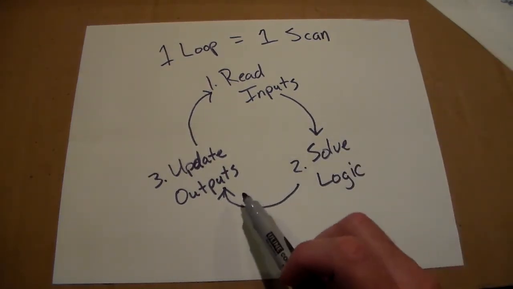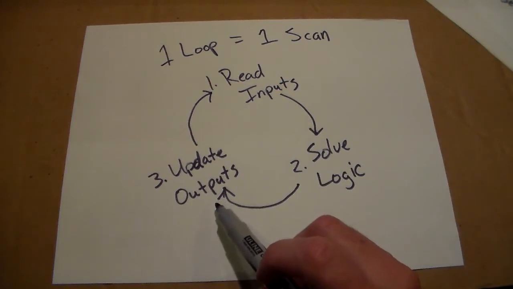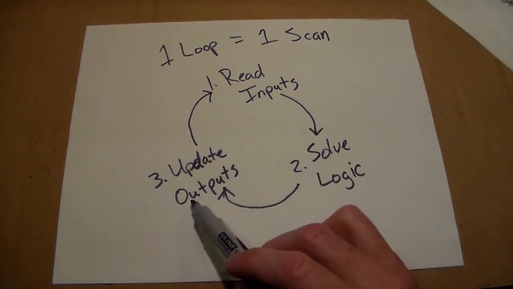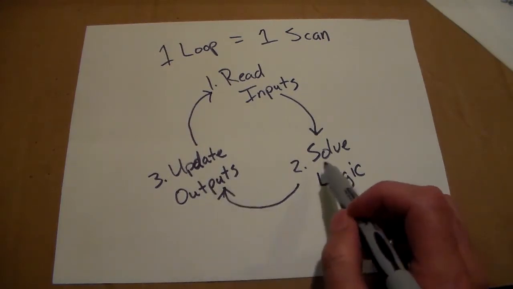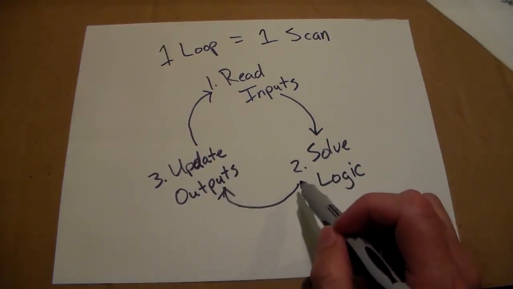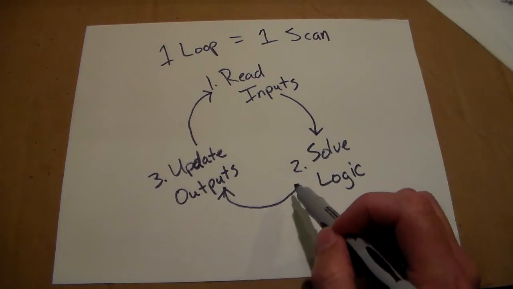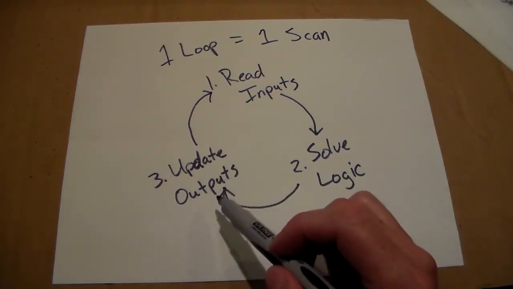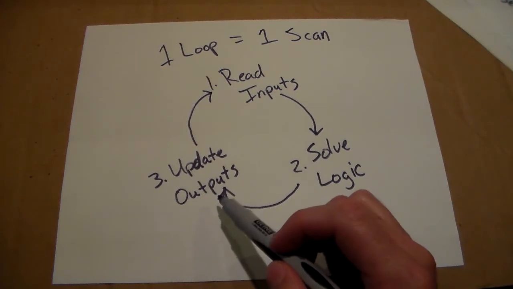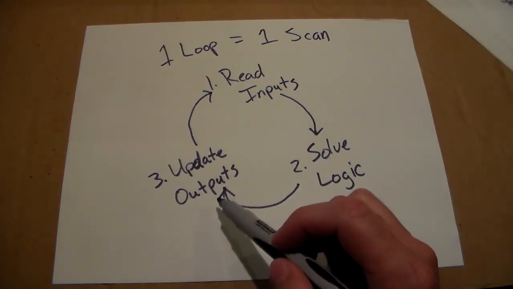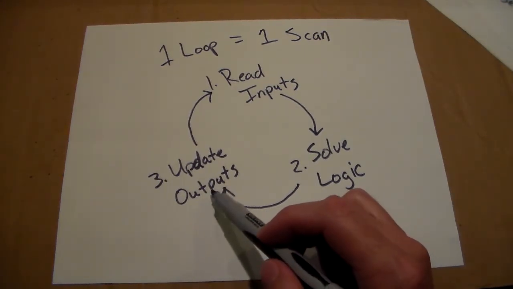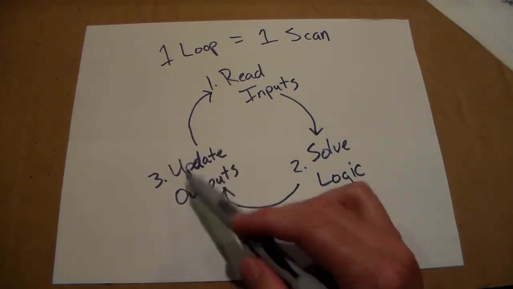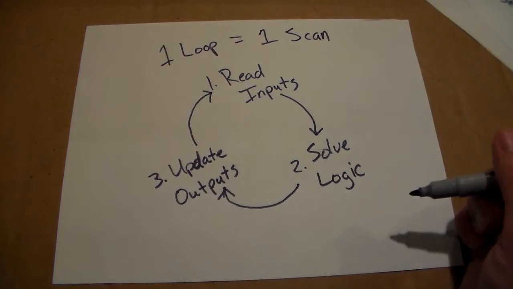And then remember that what the PLC does is controls things. So once the logic is solved, then it needs to go update the outputs, because when it solved the logic, some of those outputs may have changed states. Like if we were cutting the light on, maybe it needs to be off now, or if it was off, maybe it needs to be turned back on. But update outputs is going to go put the power on those Phillips head screws so it can control those end devices that we talked about earlier.